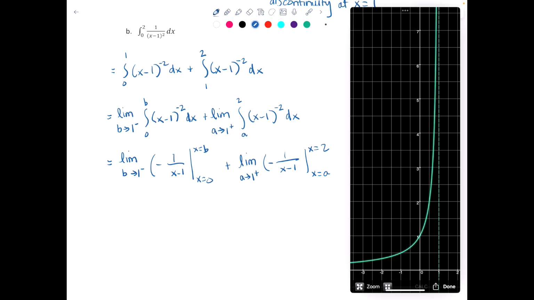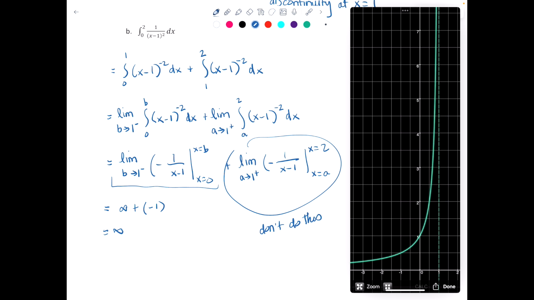So this will be equal to infinity. This first part will be equal to infinity, minus minus is plus, and then you'd have another negative, right? 1 over negative 1, which is still infinity, which is a sign of divergence. So we ignore this one, don't do this one, do this one, because you'll probably get an indeterminate form.